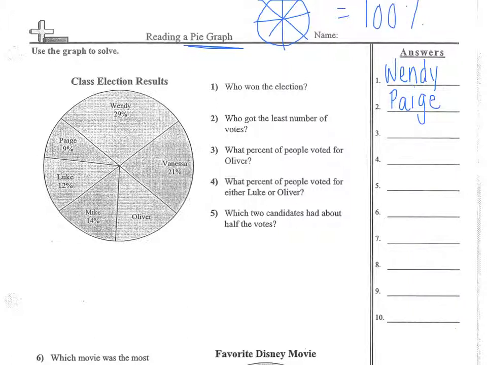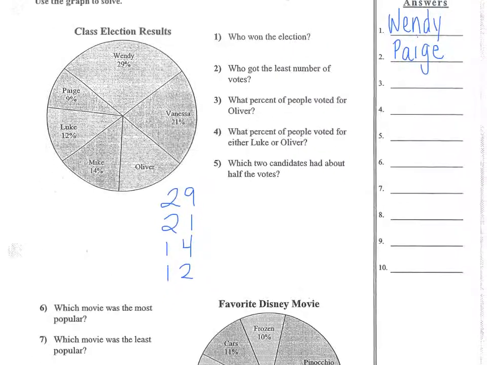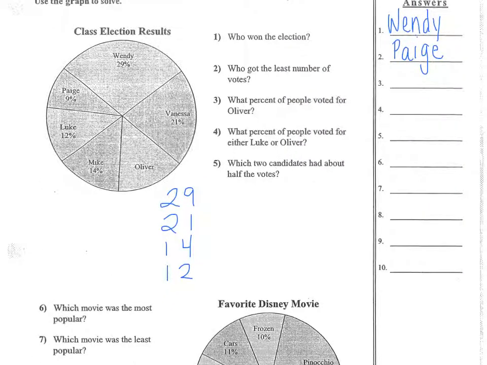The first thing I'm going to do is add all the numbers they gave me. So Wendy had 29. Vanessa had 21. Mike had 14. Luke had 12. And Paige had 9.